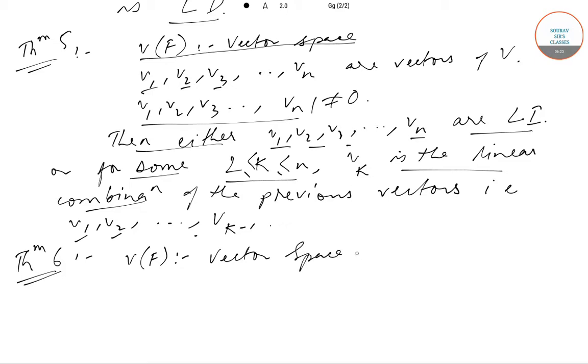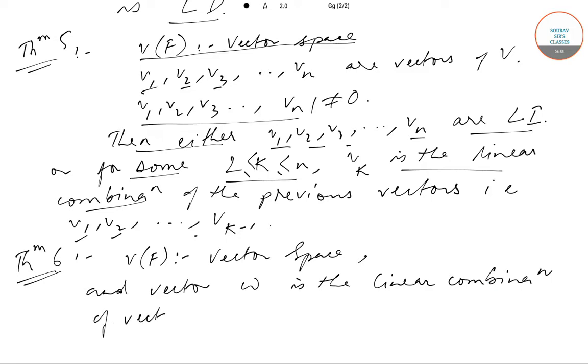And suppose we have a vector, let us take a vector w which is a linear combination of vectors v1, v2 up till vn.